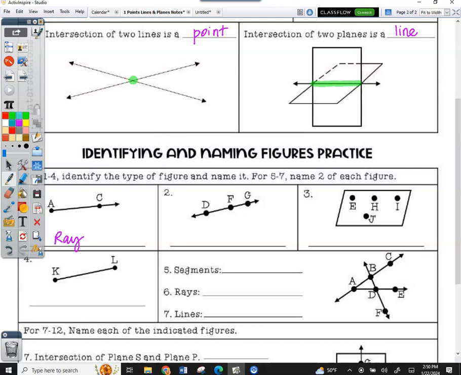What'd you say? Sunny. Yeah. You have to start with what? The endpoint. So it's going to be AC. And then above it, I would draw a ray to show that I am talking about a ray.